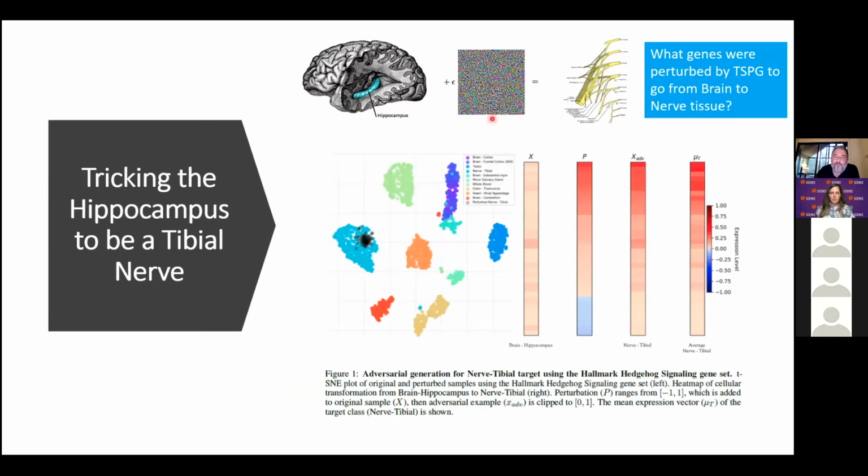So for example, you can take a hippocampus tissue, the gene expression patterns there, and trick the artificial intelligence neural network algorithm to look like a different tissue. When you do that, you are simulating the expression differences between one tissue and another, finding out what genes changed, and having an idea of what you would need to change to convert between one tissue and another.